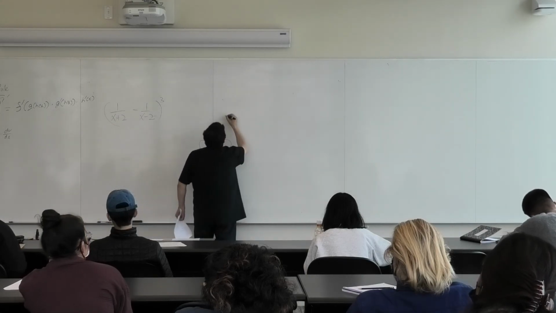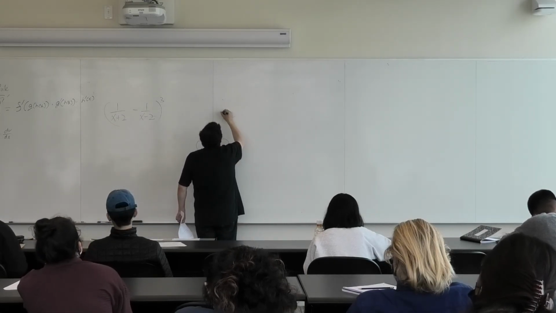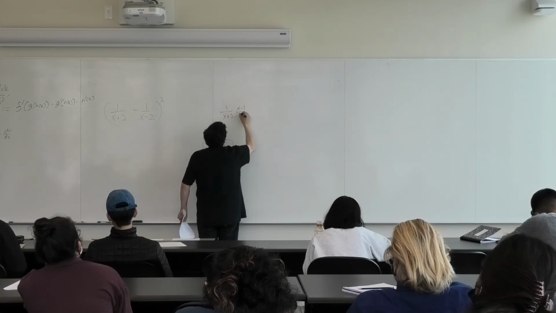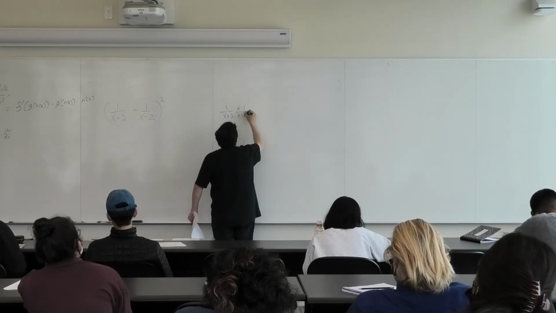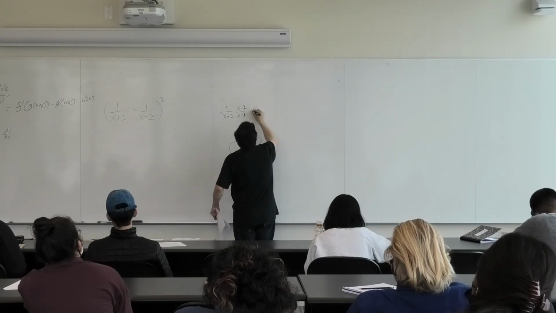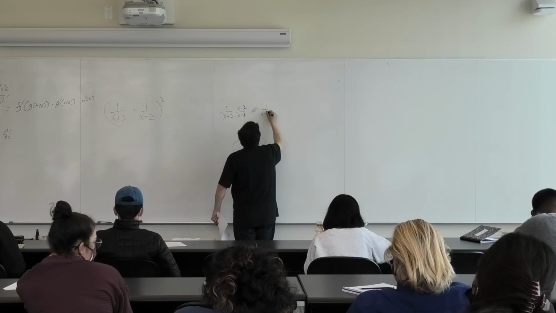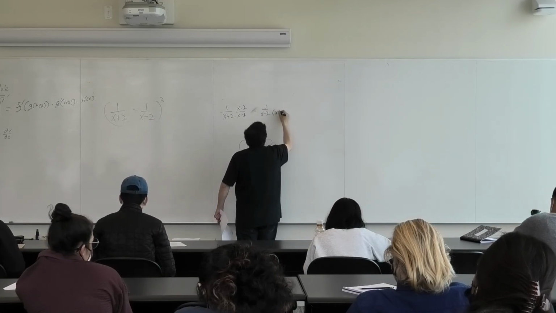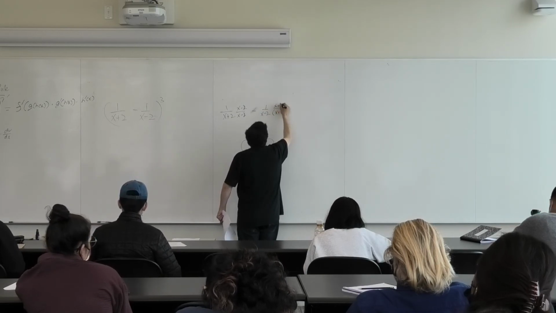So what do I have? I've got x plus 2 over 1 times x minus 1 over x minus 1. Oh, minus 2. Minus 1 over x minus 2 times x plus 2 over x plus 2.